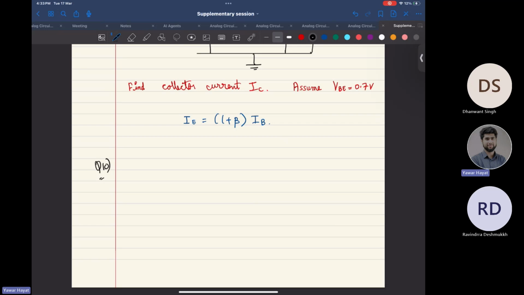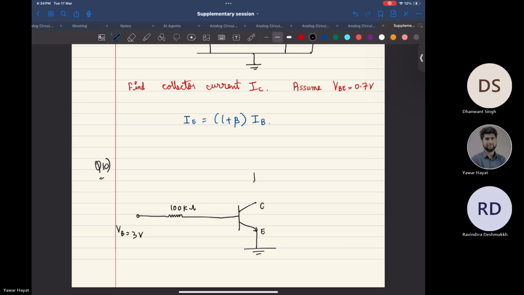A common emitter amplifier is as shown. This will be 3 volt. There's a 100K resistor here. This collector terminal has 3K.